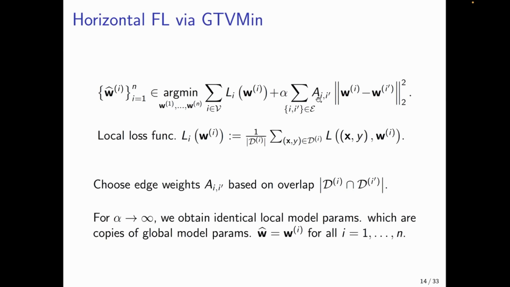You must be careful not to leak private information already there in these pre-processing steps. For example, when you want to construct the edge weights based on the overlap, one trivial way would be that each hospital shares its full patient database with the other hospital. And then you can determine this overlap easily, but then you might have leaked too much privacy.